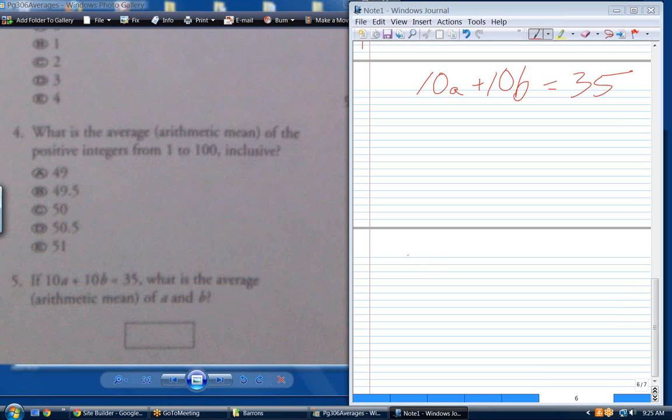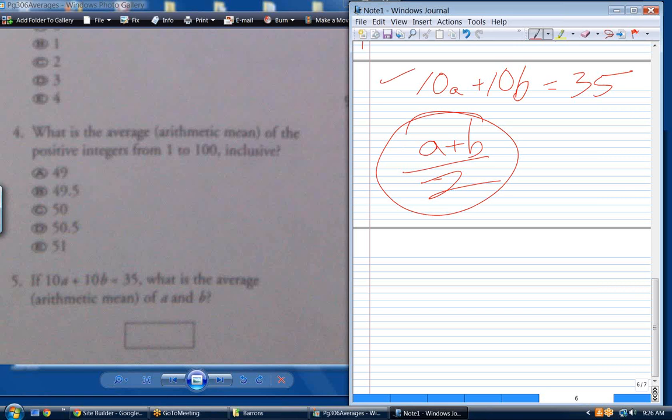What would that equal to? If I gave you numbers for A and B and I said, what's the average of them, what would you do? Multiply by 10 and add them together and then divide by 2? Well, just finding the average of A and B is A plus B over 2. So this is what we're trying to solve for. And we're given this. Can you solve for A plus B over 2?